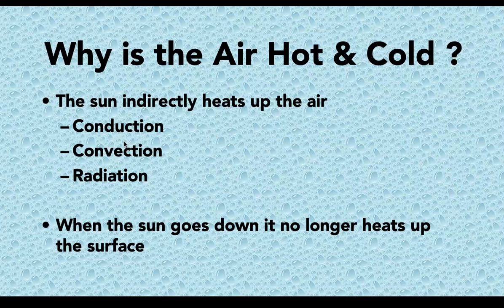With radiation, we've got bodies that have absorbed energy, in this case the Earth, radiating or emitting energy, kind of like a radiator. If you've ever been to a house that had a radiator, it warms up the water and radiates heat.